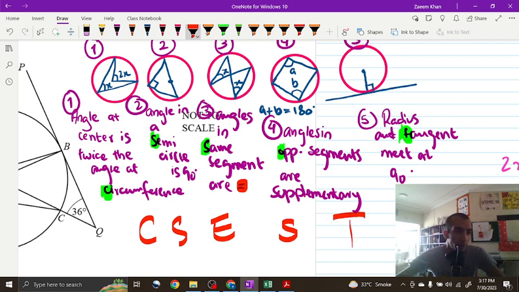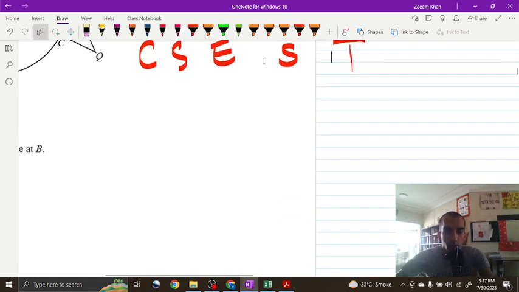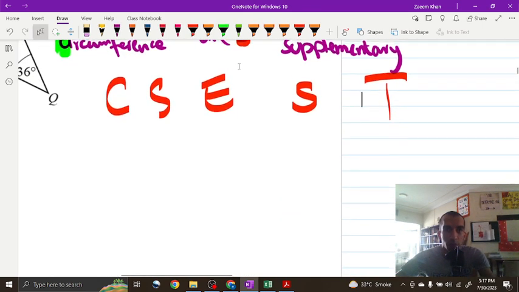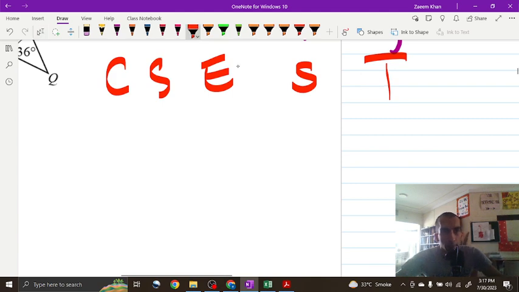Yeah, sounds way better than mine. CSEST. Perfect. So now, if we're not looking at it, would you be able to tell what each of these means? The first C is for circumference: the angle at center is twice the angle at circumference.